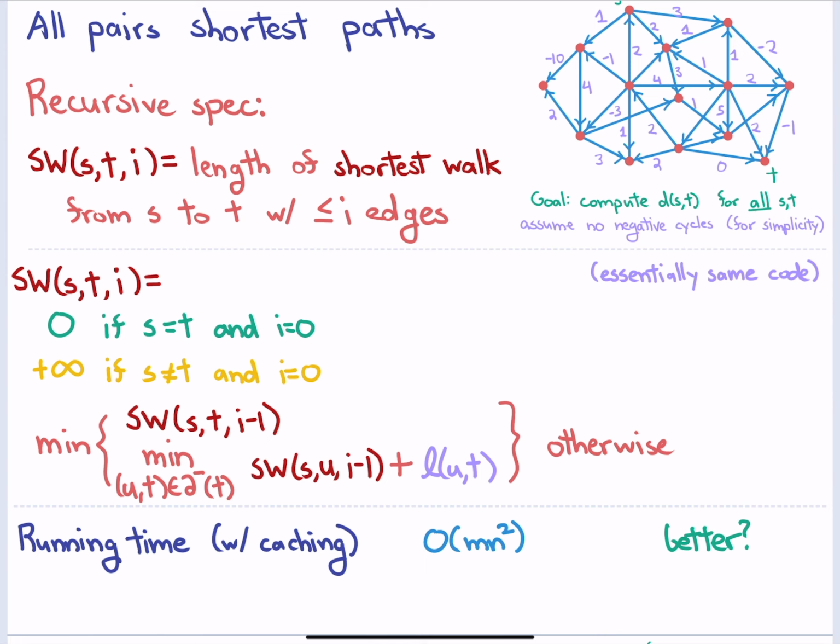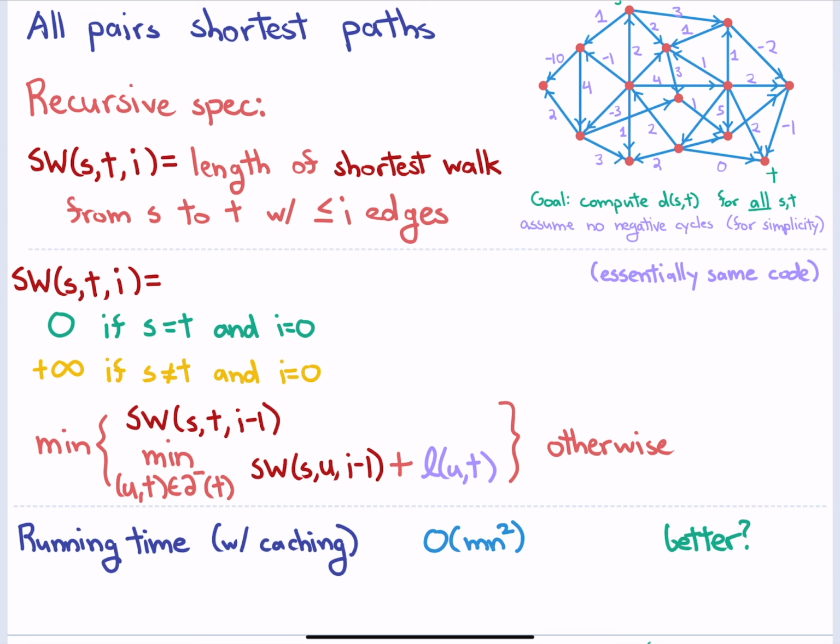All right, here's how I would suggest. Okay, we know how to do i equals 1. Probably know how to do i equals 2. That's no big deal. Okay, let's skip 3. Suppose I want to do i equals 4. I want to get from S to T using at most 4 edges. And suppose I never computed i equals 3.